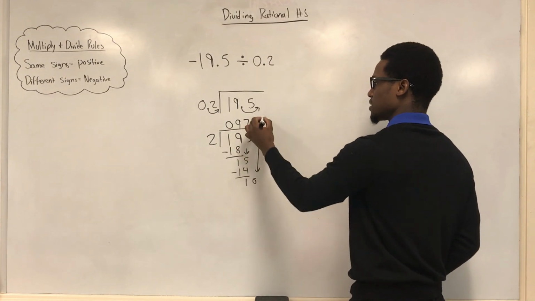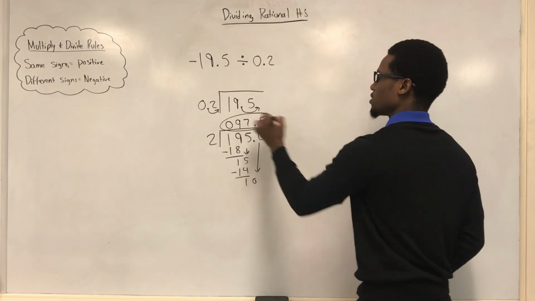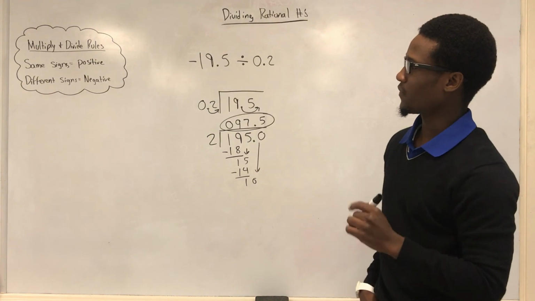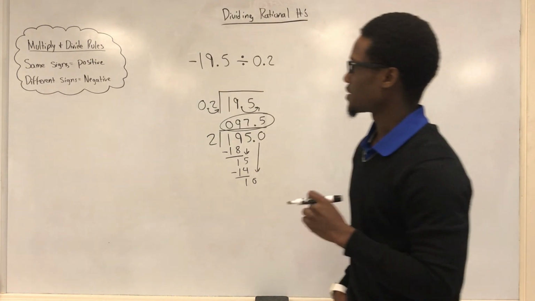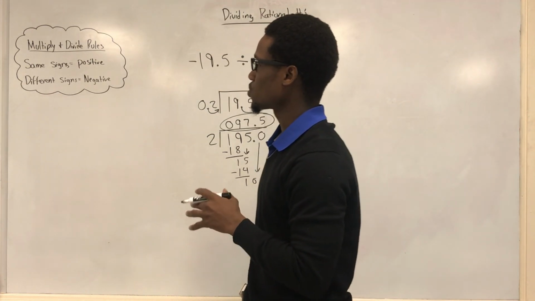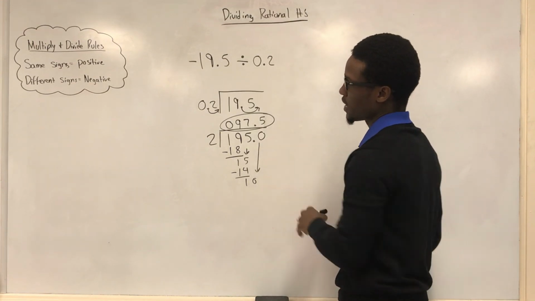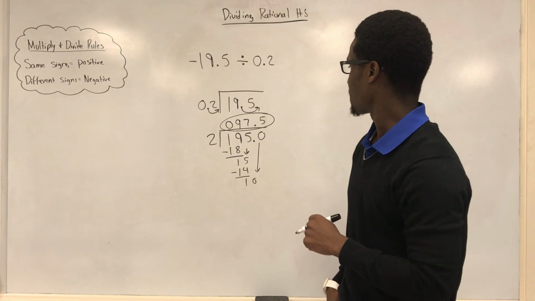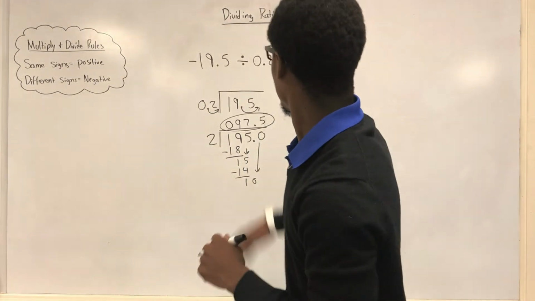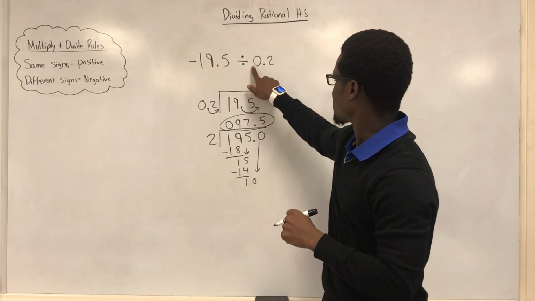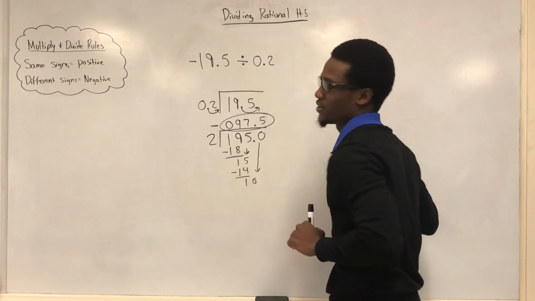But 2 can go into 10 5 times. So my answer is going to be 97.5. It makes sense. It's because 0.2 is so small that 97.5 will definitely work. Okay? And that's it. Oh, negative, positive. This is a negative answer. Almost forgot.